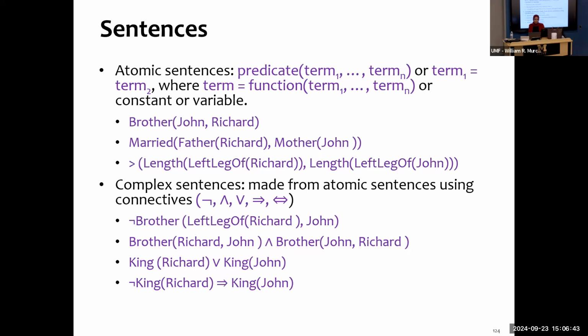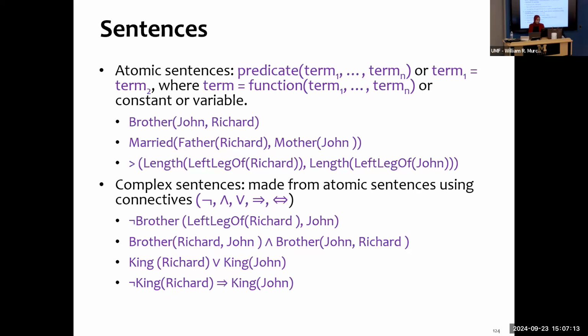The left leg of Richard is not the brother of John. And here, the left leg of Richard is supposed to return what? It's a function. And the output of this function is what? A value. Right. So this value is different, they don't have the same value of the function left leg of.